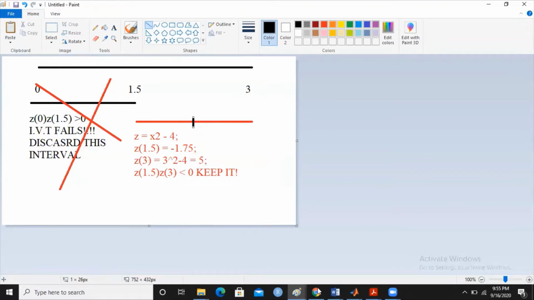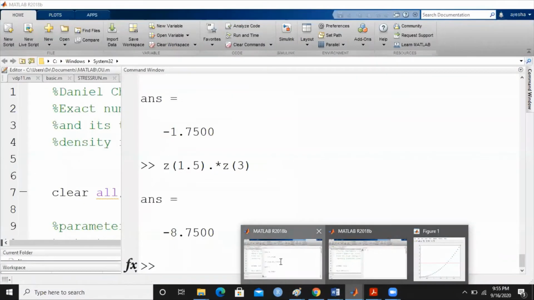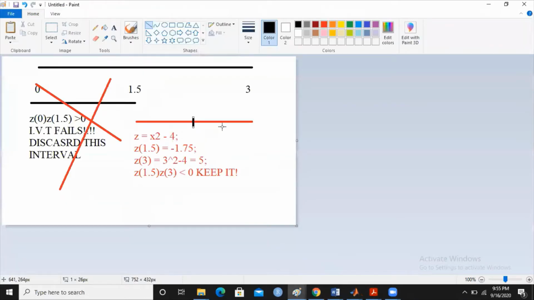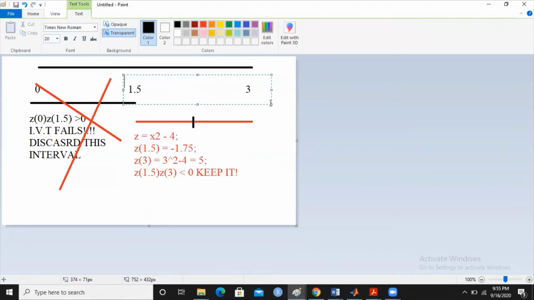So what is the midpoint of 1.5 and 3? 1.5 plus 3 divided by 2 is 2.25.